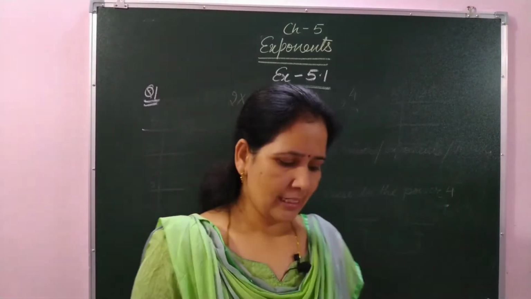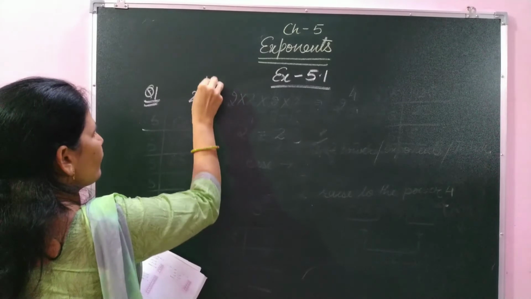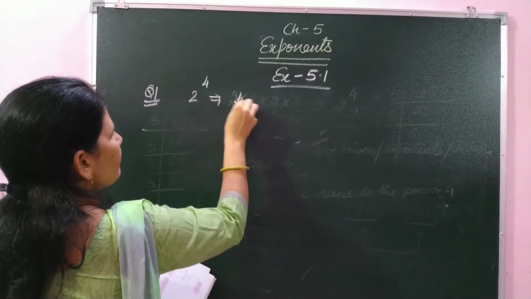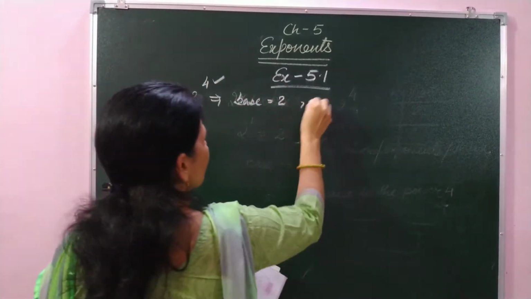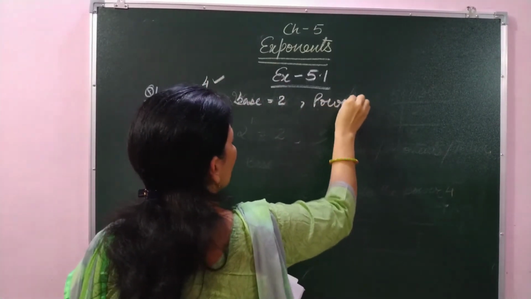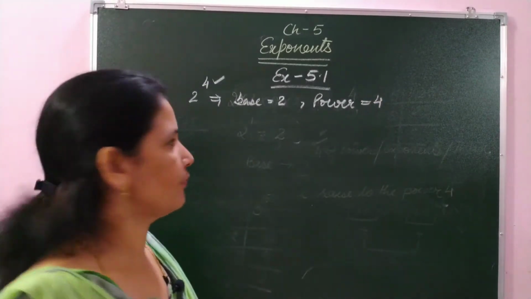Write the base and exponent of each. So 2 raised to the power 4. Here we will write base is 2 and its power is 4. So in this way you have to write them separately. Base is 2 and power is 4.